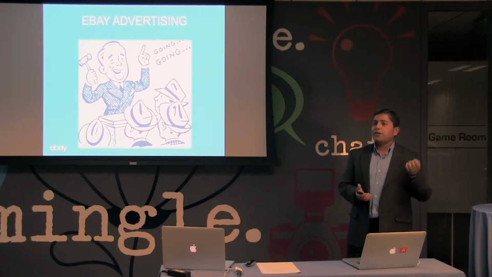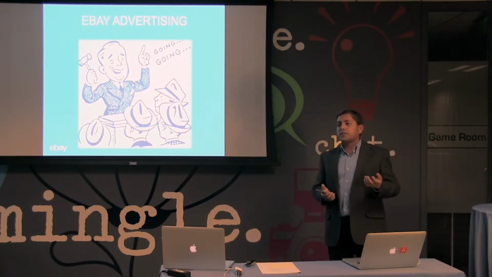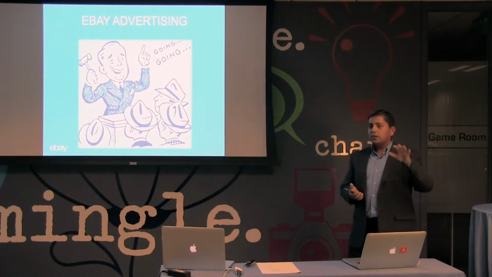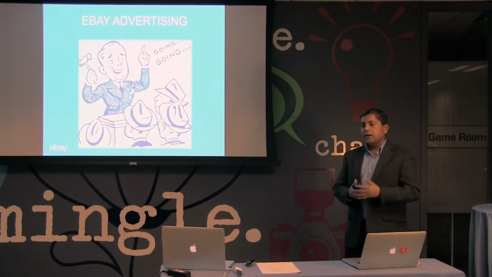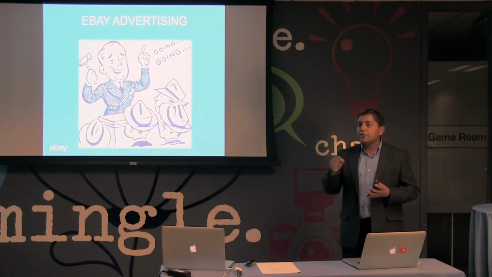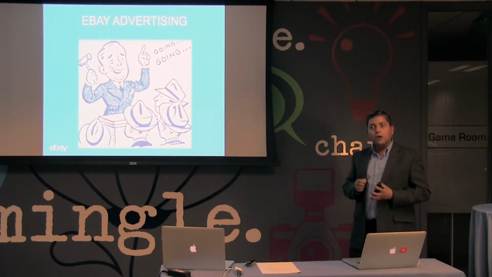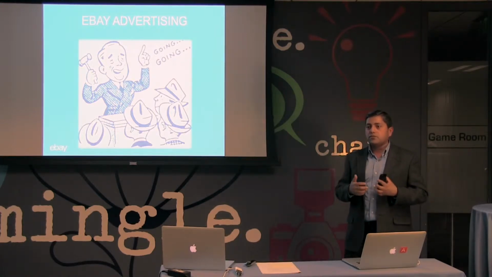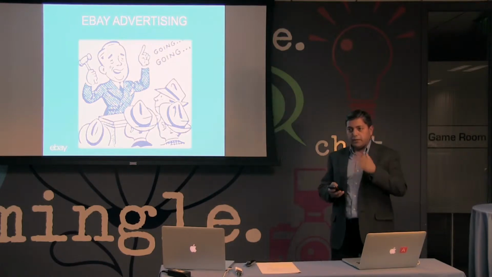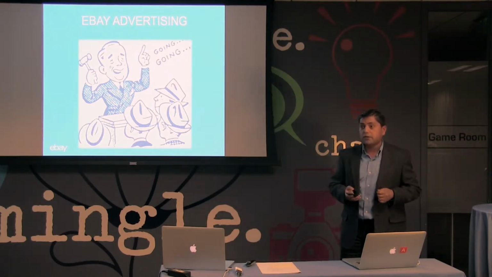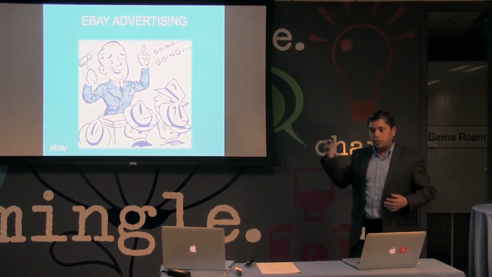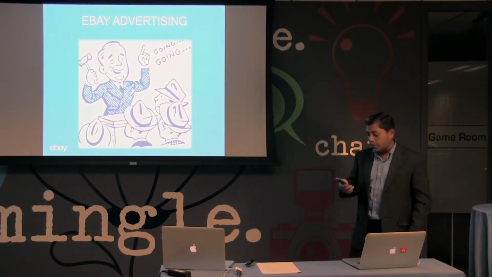That makes us really the third or fourth largest search engine in the world, behind Google and Microsoft. So consider that. But we are different. You go to Google, you do different kinds of searches, but when you come to eBay, you really want to buy something. So the quality of data we have access to is really impressive. That really sparked my interest, and I decided to come here and join. And I hope you will really like what we are building here, and Prakash will talk more about it.